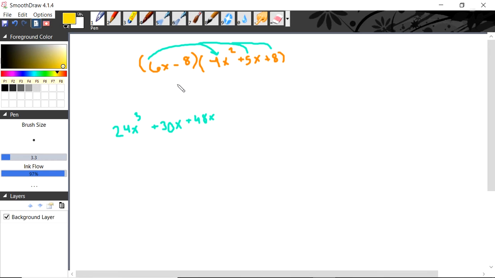And now we want to do the negative 8 times 4, the negative 8 times 5, and the negative 8 times 8. So negative 8 times 4x squared is negative 32x squared.